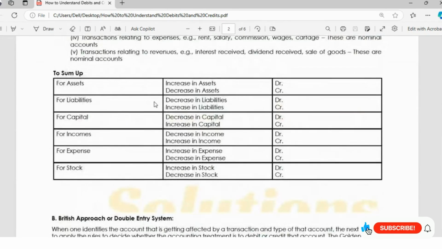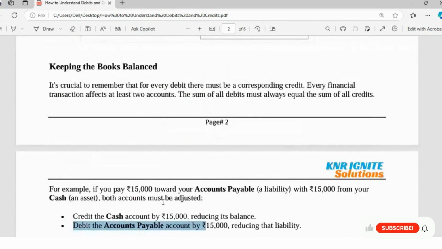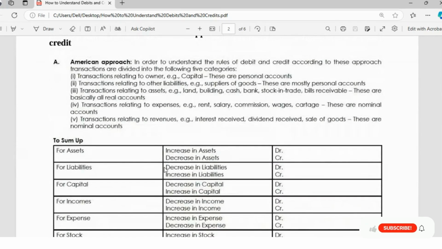And see, for liabilities, what do we say here? Decrease in liabilities will be debited, increase in liabilities will be credited. In this case, the liabilities are getting debited because earlier, let's say our liabilities were 50,000, and when you pay 15,000 out of 50,000, you still have 35,000, which means your liabilities are coming down from 50,000 to 35,000. In that case, is your liability decreasing or increasing here? It is decreasing. When it is decreasing, we just need to debit the account.